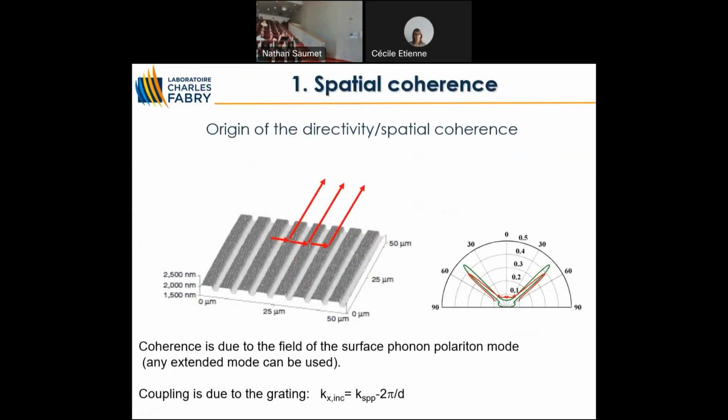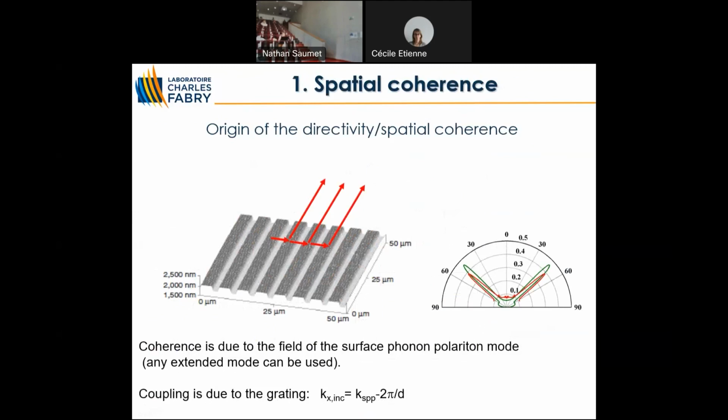What's the origin of this directivity? Like I said before, we have surface phonon polaritons propagating along the surface. They are excited thermally. But when you excite a surface phonon polariton with a given wave vector, it can propagate over large distances. Typically, they can propagate over 10, 15 wavelengths, so it's 150 microns.